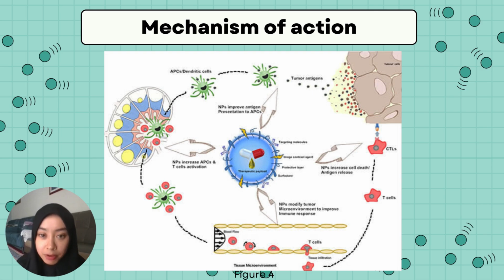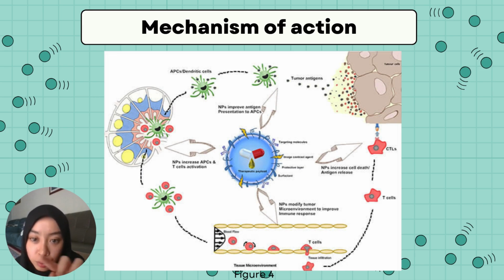This is the mechanism of action of general nanoparticles. As you can see, the nanoparticles are in the middle. First, the nanoparticles modify the tumor microenvironment to improve immune response. Then the immune cells go through our organs and system, and the nanoparticles increase antigen presenting cell and T cell activation.